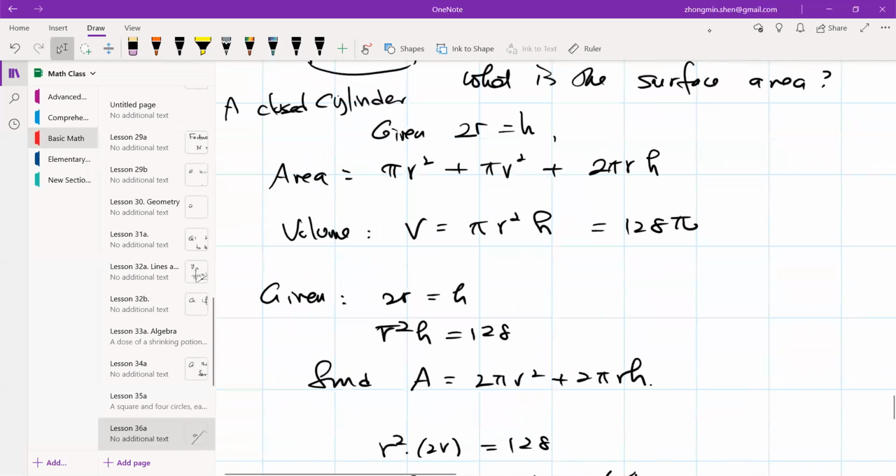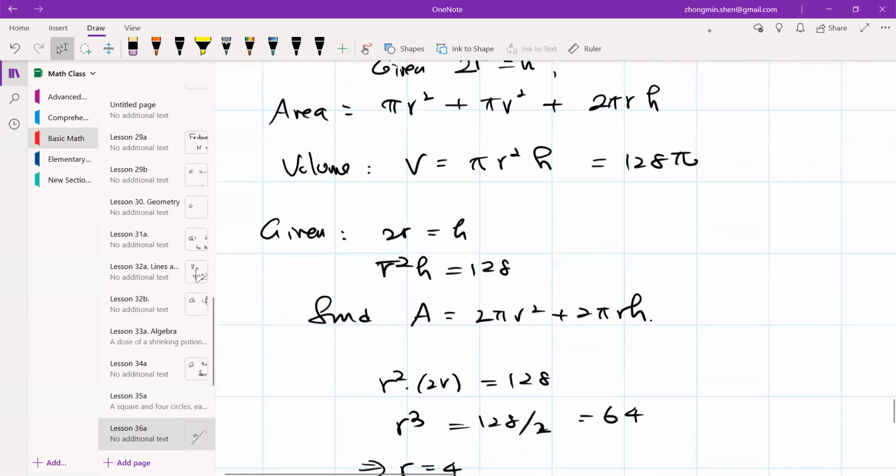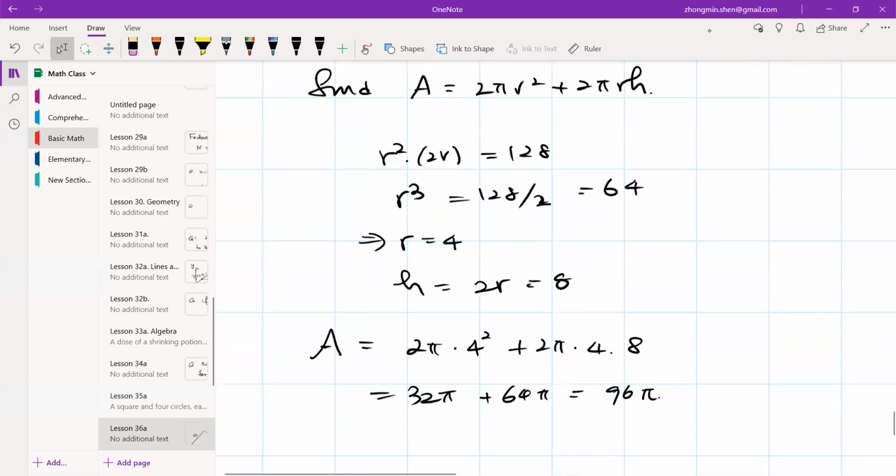You want to find the surface area, you know the formula, but you're not given the radius or the height directly. You're given it indirectly, so you have to find them first. Just like if you are given the circumference of a circle, what is the area? Then you have to figure out the radius first, then you find the area. Similar right now. Okay, so we stop here.